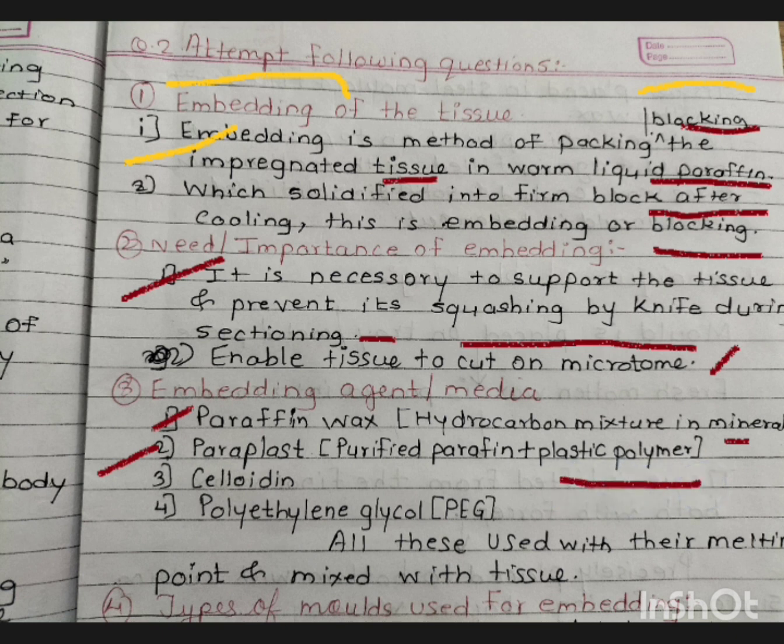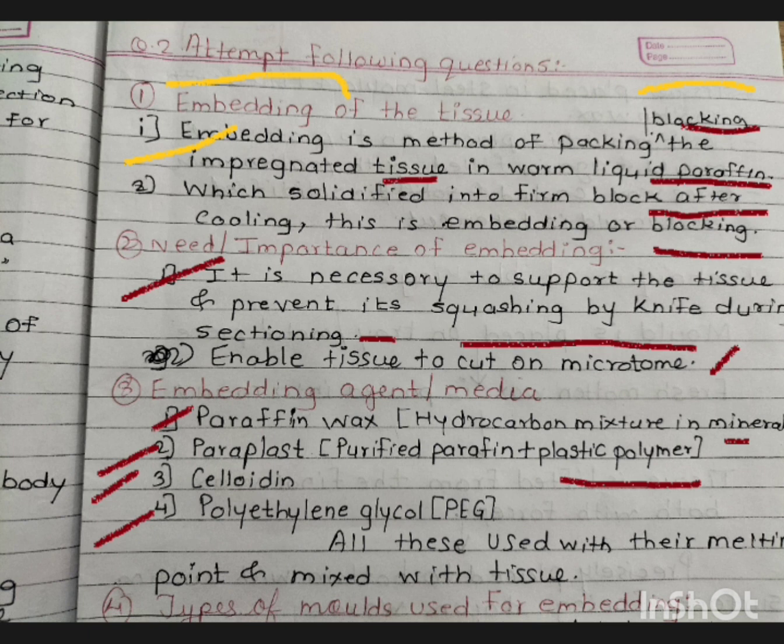Then next is celluloid. Then PEG, that is polyethylene glycol. These are embedding media, but routinely the most used is paraffin wax because it is easily available.